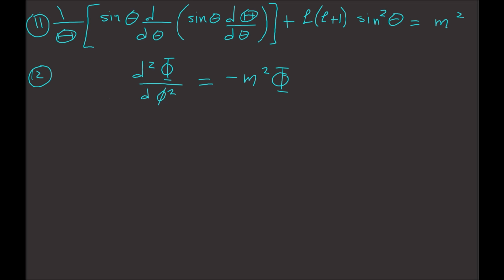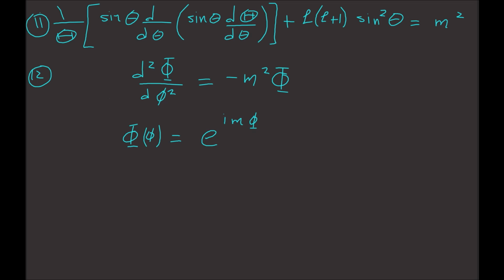Okay, so now the solution for this is theta of theta equal to some constant, we're not going to worry about it right now, times e to the i m theta.